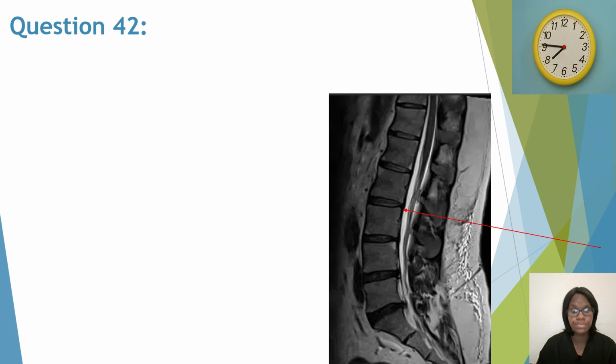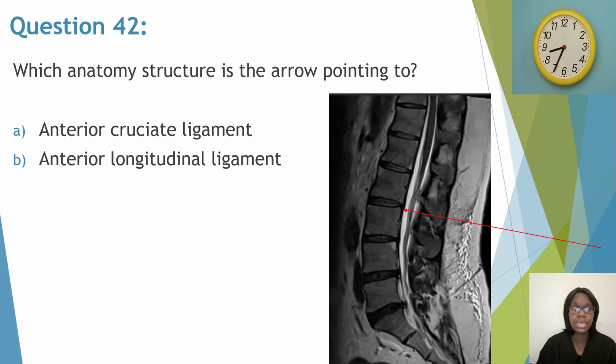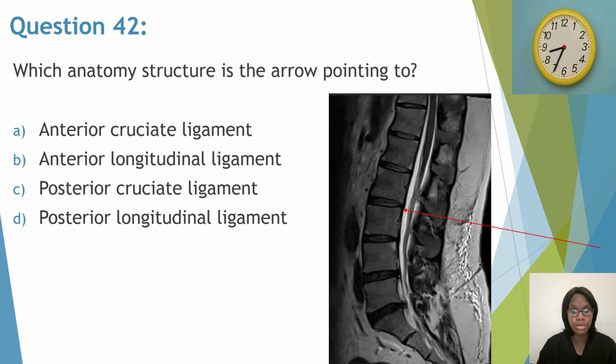Question 42. Which anatomy structure is the arrow pointing to? A, anterior cruciate ligament, B, anterior longitudinal ligament, C, posterior cruciate ligament, D, posterior longitudinal ligament.